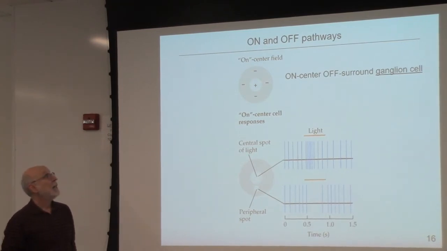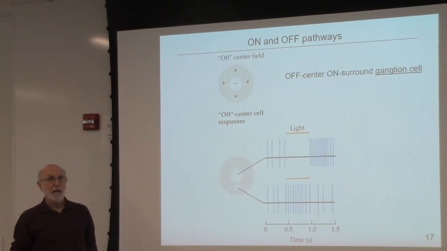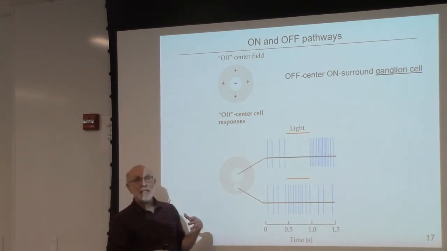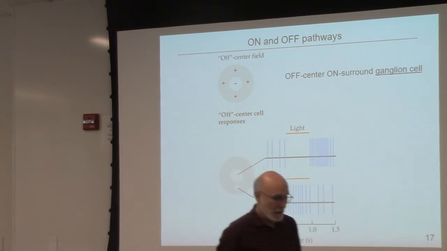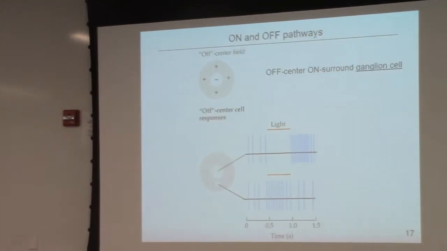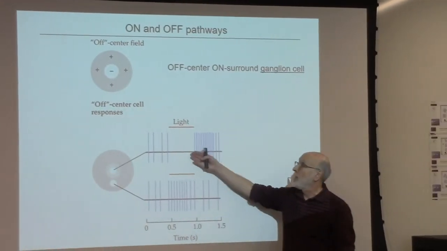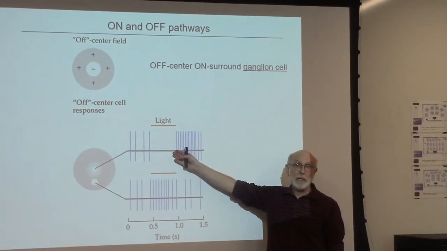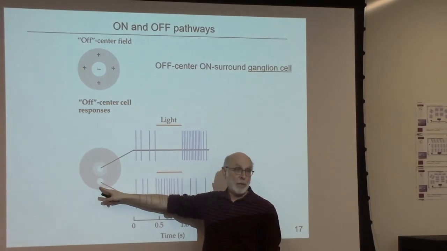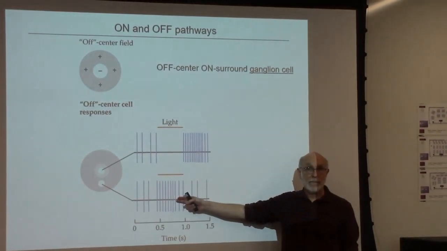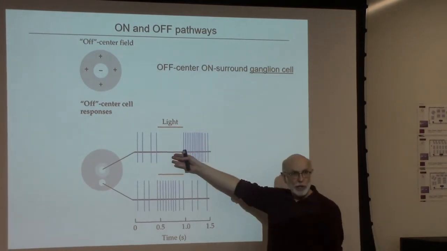Well, predictably, another type of ganglion cell is the off-center, on-surround. This is a different type of ganglion cell where light on the center of that ganglion cell's receptive field decreases action potential frequency, and light on the surround of that ganglion cell increases action potential frequency. But let's focus on the center response.